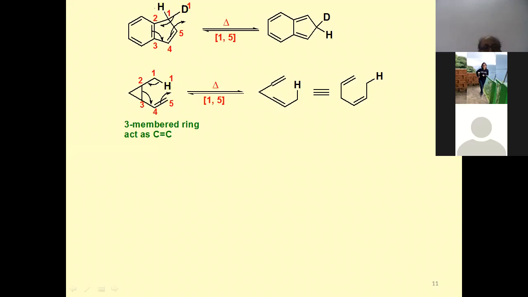But we want a distinction, so we put deuterium here, and the deuterium is shifting to this position. These positions are identified like this: the bond which breaks gets 1, 1, then 2, 3, 4, 5, and this is 1,5. This is also a 1,5.